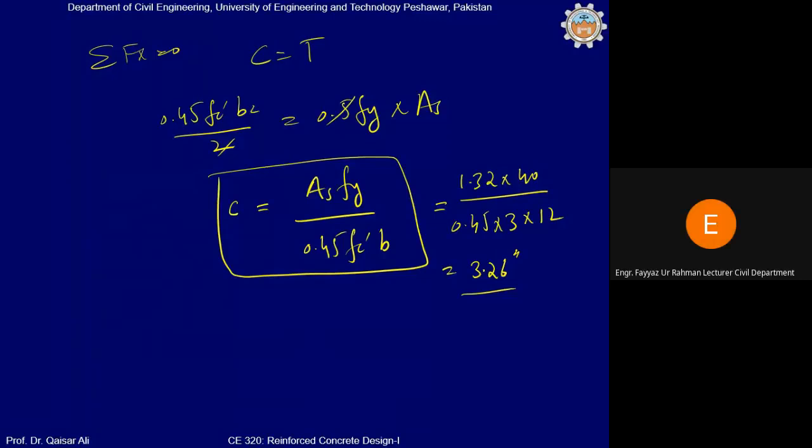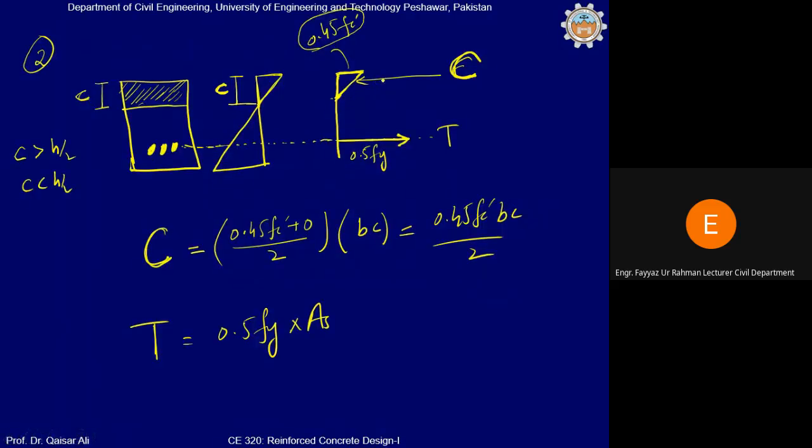Now you can calculate the flexure capacity of the beam at this stage by multiplying T with the lever arm. Can someone tell me what will be the lever arm? What will the lever arm be equal to in this case? D minus C by 3.